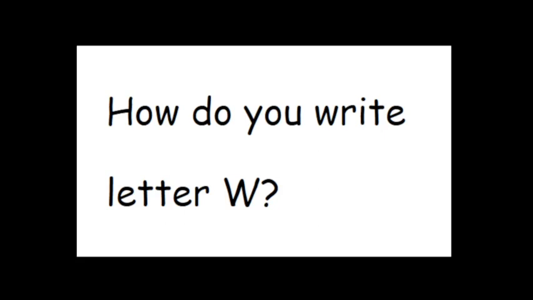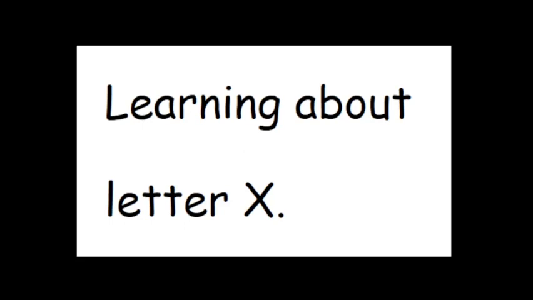Now that you've learned about the letter W, let's look at the next letter. Let's learn about the letter X. We'll first be learning about the sound of letter X. Letter X is a little different compared to the other letters.